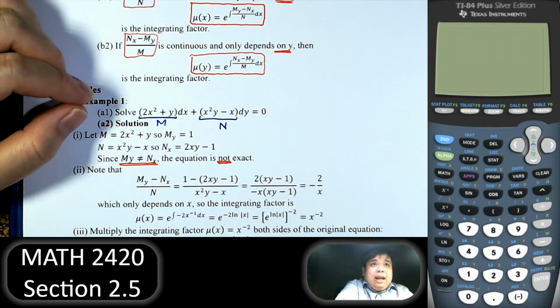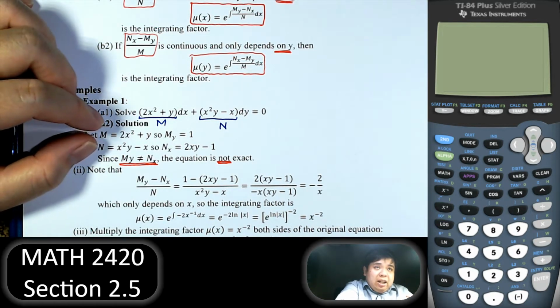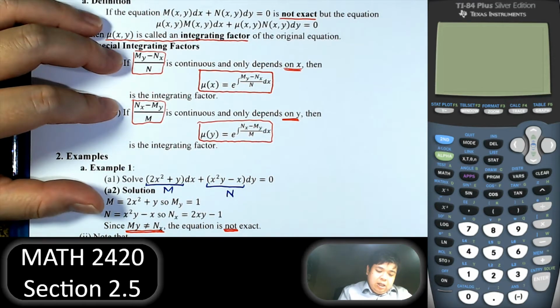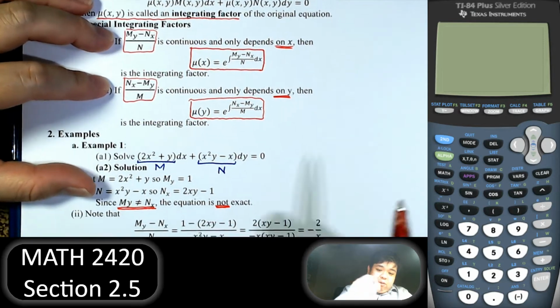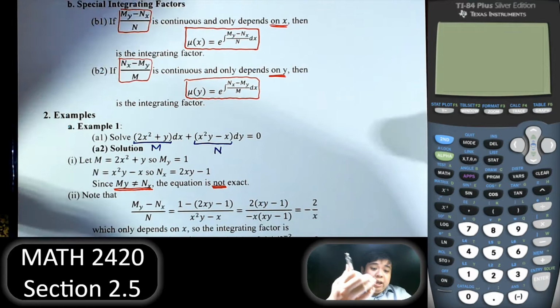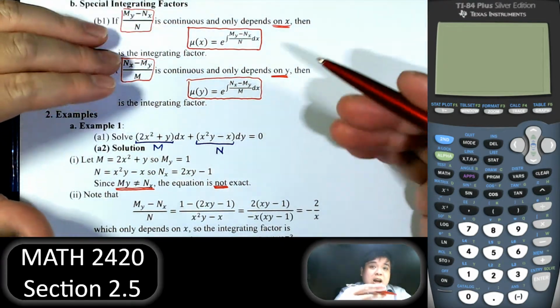Right. Now, if it is not exact, then we'll try either one of these. If it only depends on x or only depends on y, then we have the integrating factor which we can use.